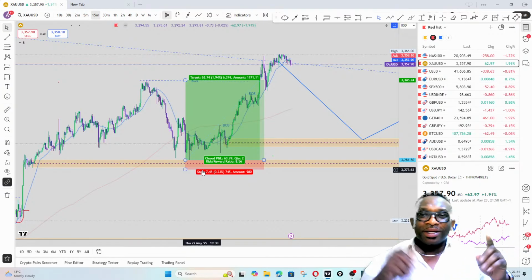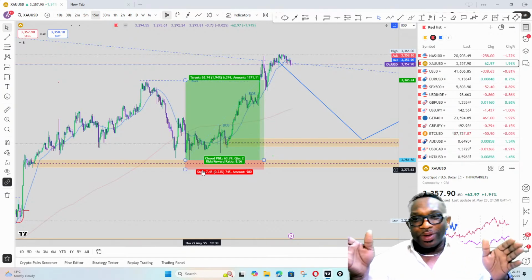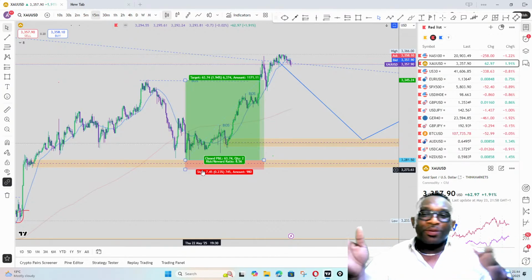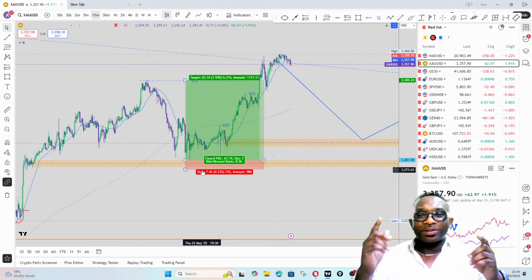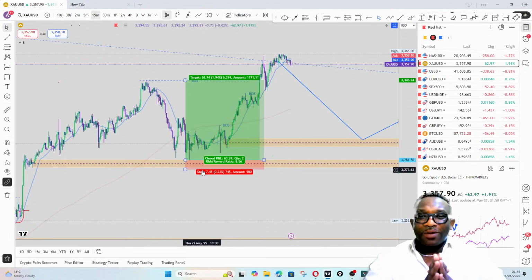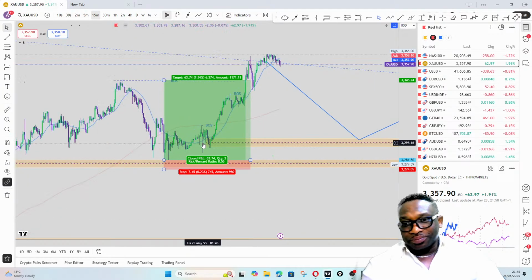Okay, three things: upward, downward, and also sideways. But moving sideways, it will get to a point where it will still take one direction. So we've already identified the direction or the bias to be on the upside. So this happens to be a high probability trade that we identified here.